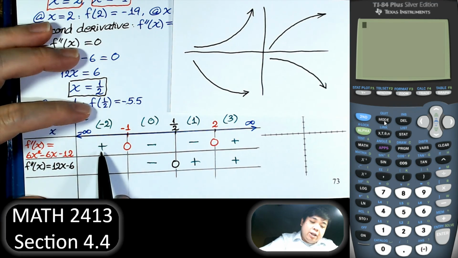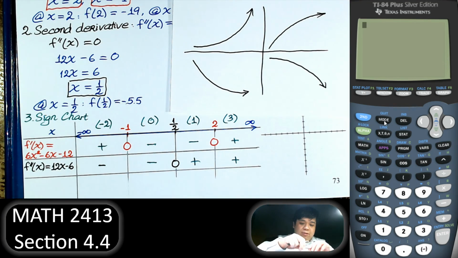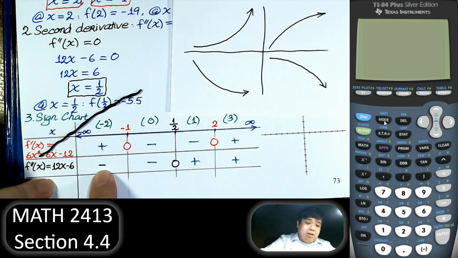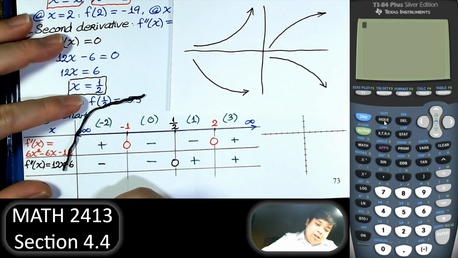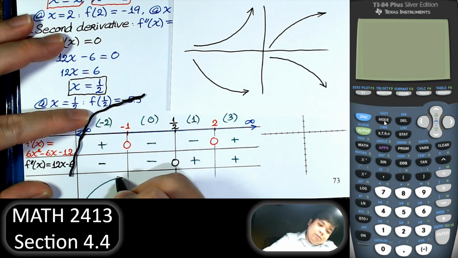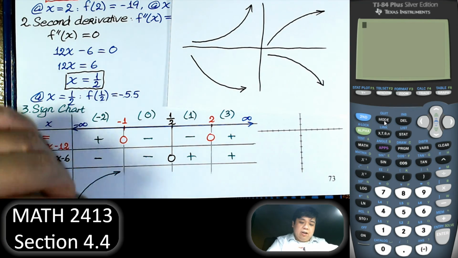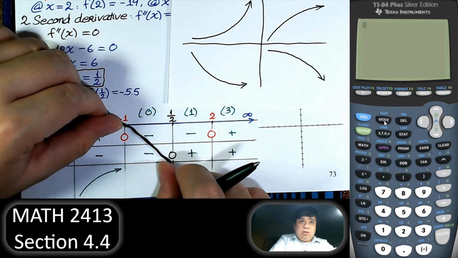Now, this one, positive, increasing, and then negative on the second derivative, concave down. So the first part is going to go like this. The second part, negative, decreasing, and then concave down. So we have to bend it down.